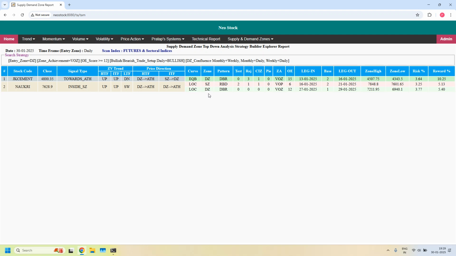So in these two stocks, these daily demand zones are part of the weekly demand zone. Both together again part of the monthly demand zone. And monthly trend is up in both these stocks. If any of these stocks are having monthly EMA confluence, they are even more high probability trade setup supported zones. Let us verify.